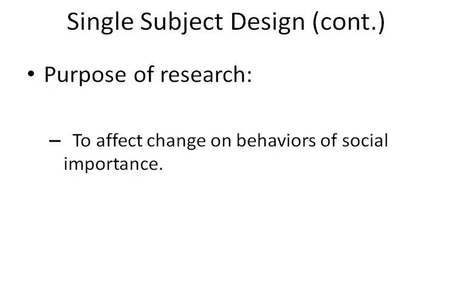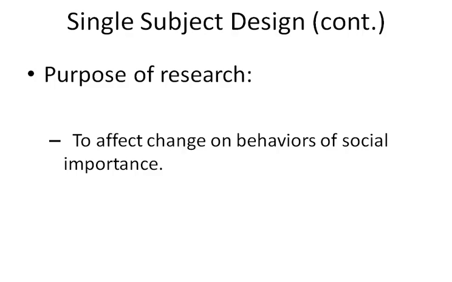So it's trying to find things that may or may not have hardcore pragmatic implications for what we do in classrooms. Single case design or single subject design is absolutely interested in having a pragmatic impact. So behaviors of social importance.